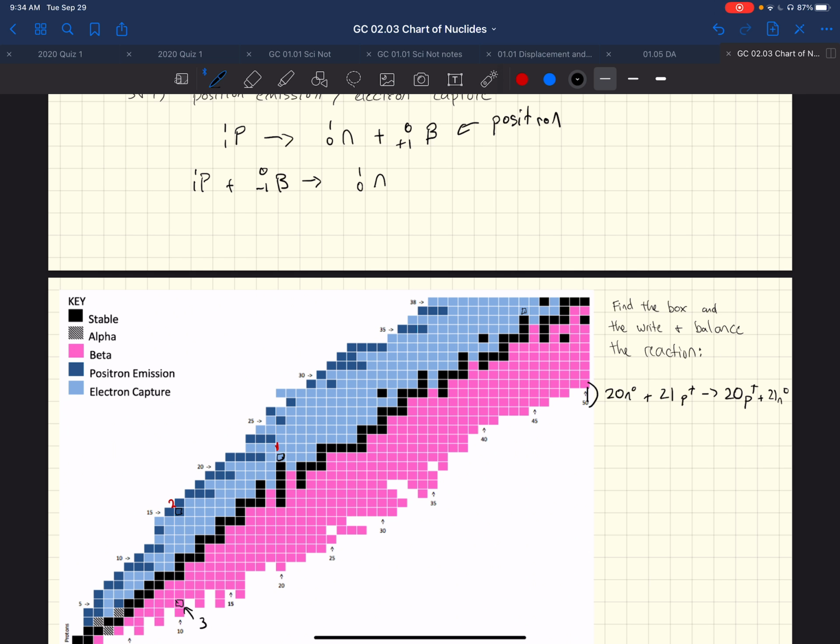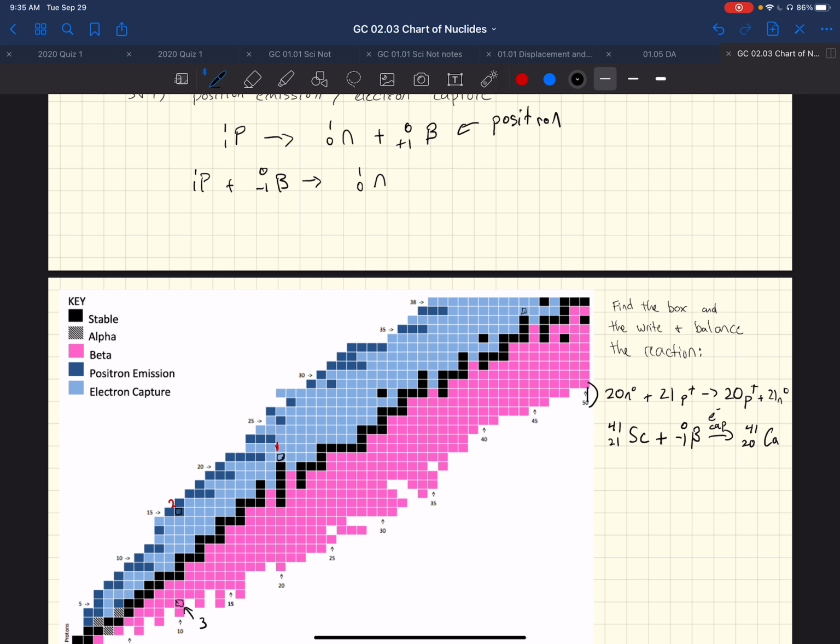Now, 21 protons and 20 neutrons gives you a mass number of 41 and an atomic number of 21, which is scandium. And that is going to react with an electron because this is electron capture. You could call this E cap or something like that, just so I know what's going on. And that's going to make 41 over 20, calcium. Okay? Now, that's an example of how this works.